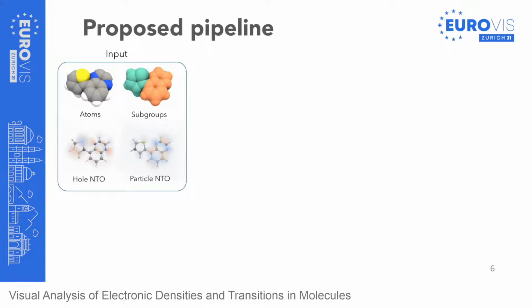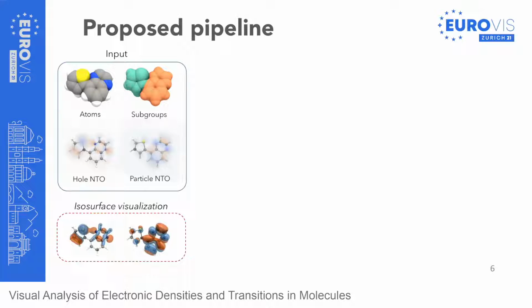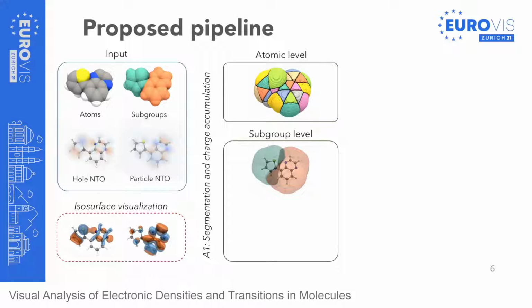We now describe the proposed pipeline. We are given the atoms and subgroups as input in addition to the hole and particle natural transition orbitals. The typical method used for analysis of this data is to use isosurface visualization and to determine where the charge is moving among the subgroups. We instead propose a segmentation-based approach.